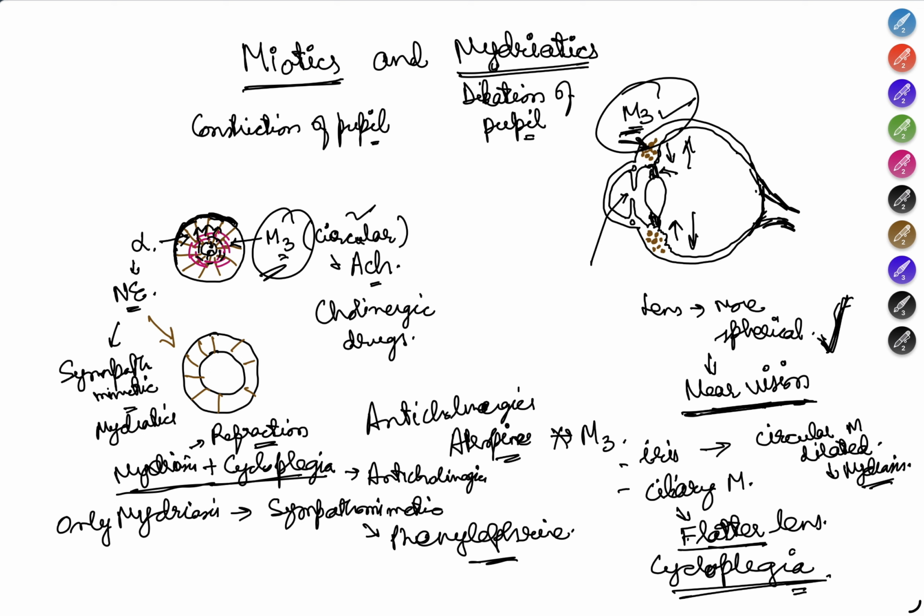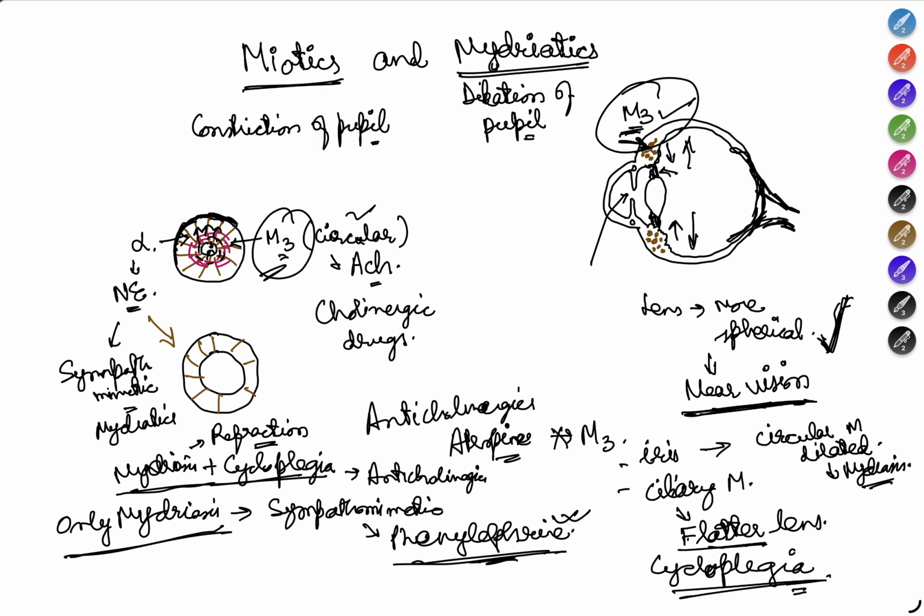For that, we require an accurate estimate of the curvature or the shape of the lens, so that we can correctly prescribe the spectacles. Okay, but if we just want to go for the fundal examination, you just want to visualize the fundus for the retinal examination, you do not require cycloplegia. So there you can use phenylephrine-like drugs which provide only mydriasis.